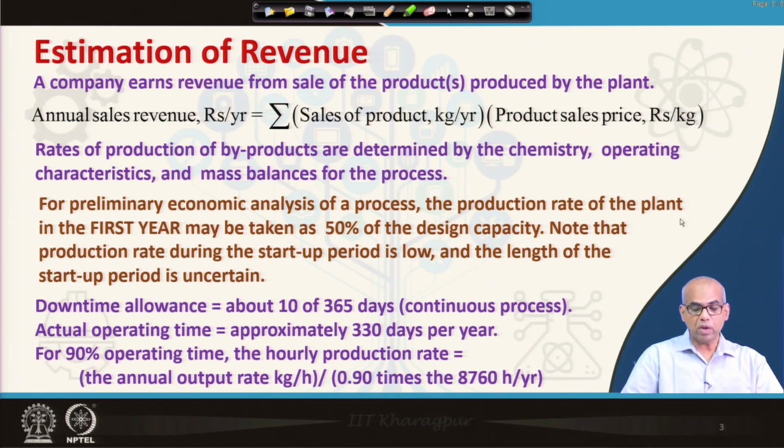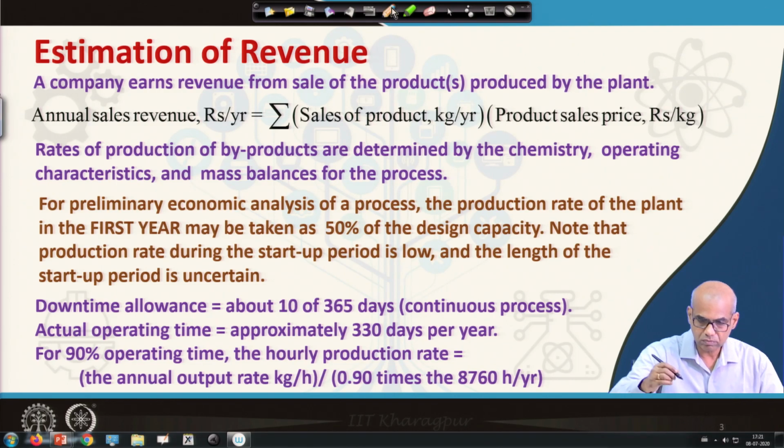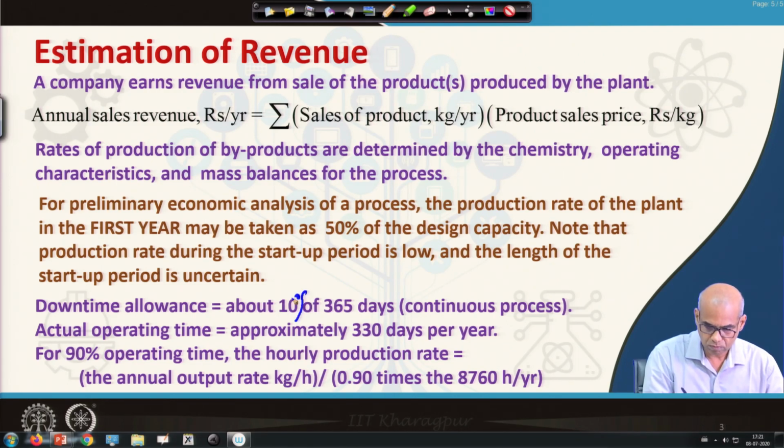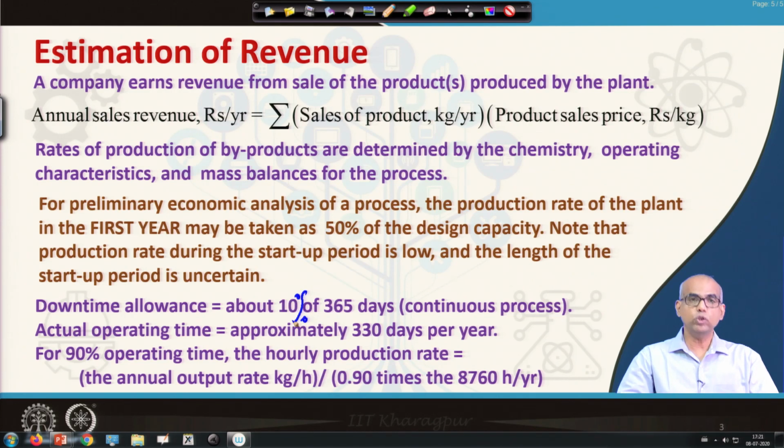You have to give downtime allowance. Downtime allowance is required because no process will run for all 365 days, maintenance is required. So, about 10% of 365 days for a continuous process is generally allowed. So, actual operating time will be approximately say 330 days per year.